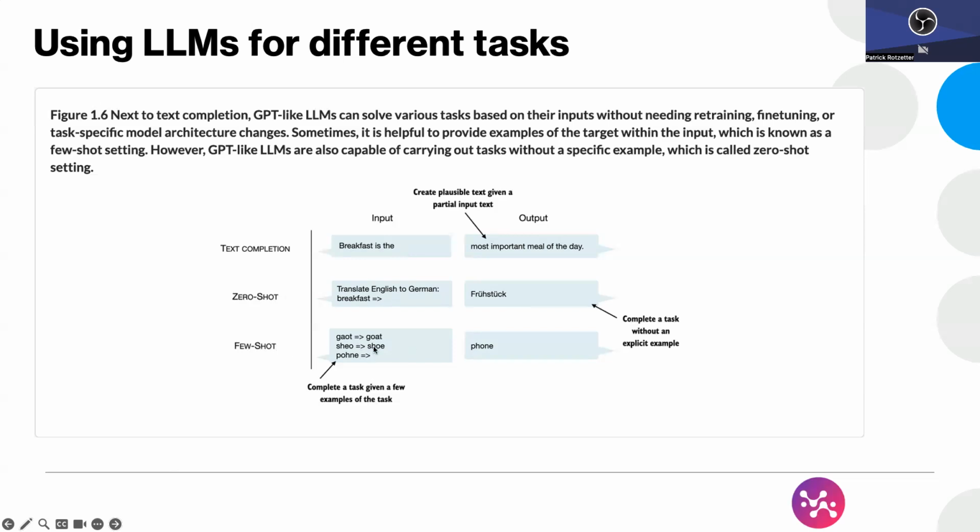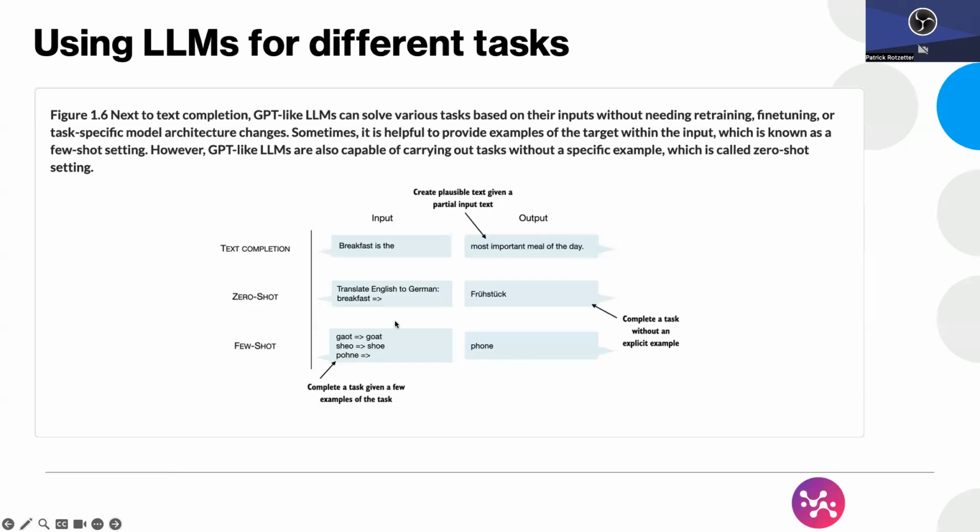Few shot is basically where you give the large language model a few examples of what you are expecting it to do. For example, in this case, it will correct the typos in a few words, and it should be able to correct at the end the typo in the word phone.